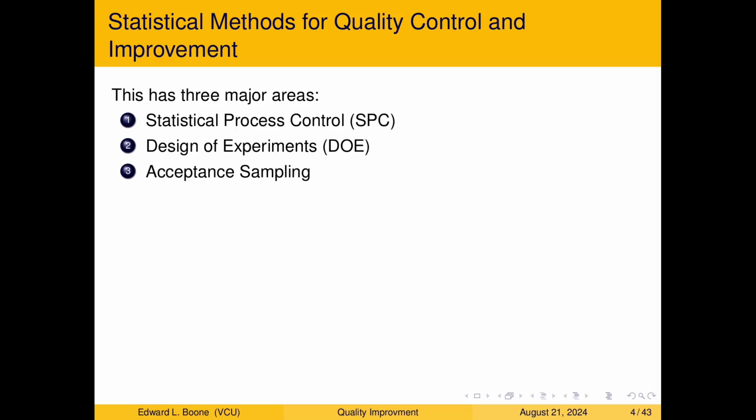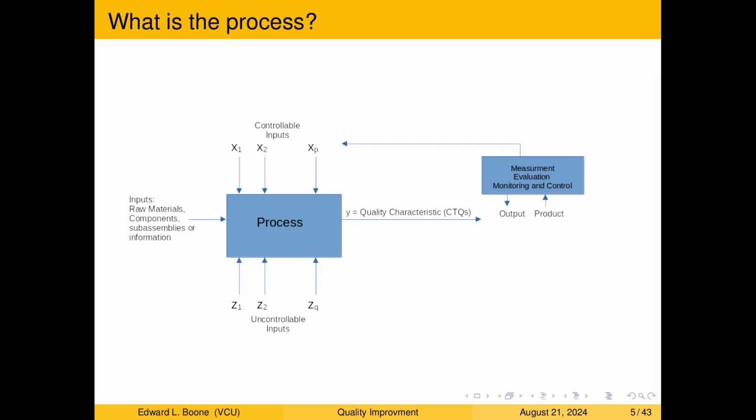The second one is design of experiments. We would like to design an experiment to find out where sources of variation are in our process. And then there's acceptance sampling: if I get a new box of parts or items shipped in, how many of them are good? Are they good, or should I send them back? Okay, so we'll talk about these briefly.